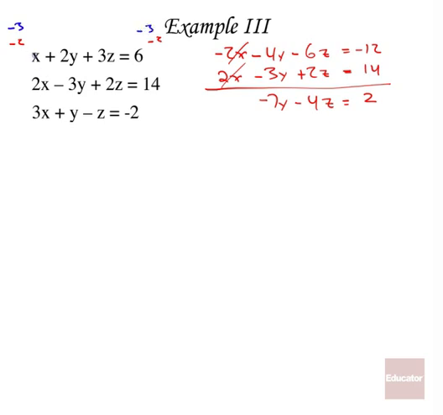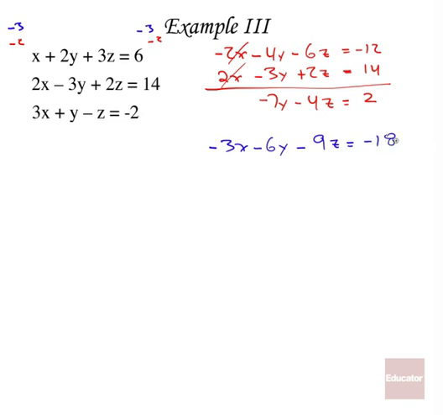So when I do that, I end up with negative 3x, negative 3 times positive 2 is negative 6y. Negative 3 times 3 is minus 9z. And minus 3 times 6 is minus 18.